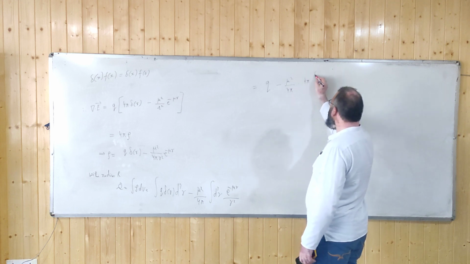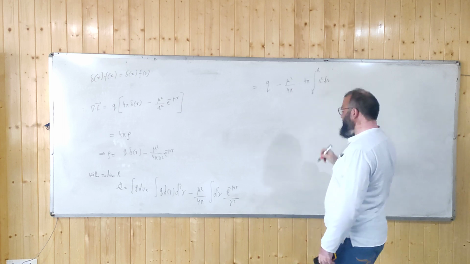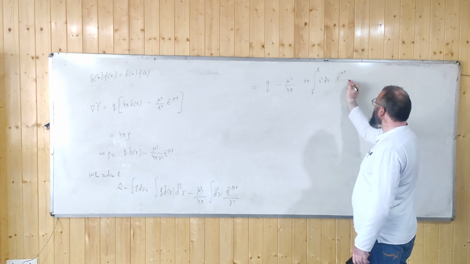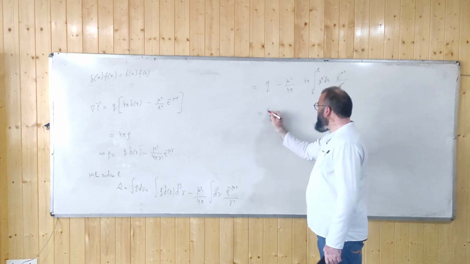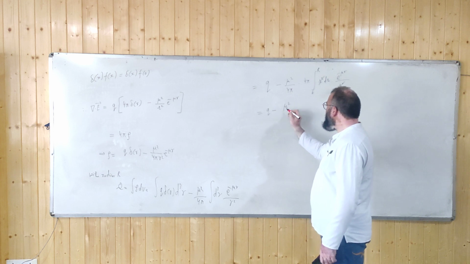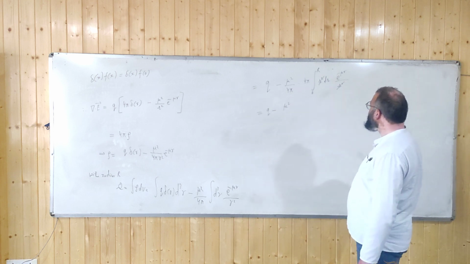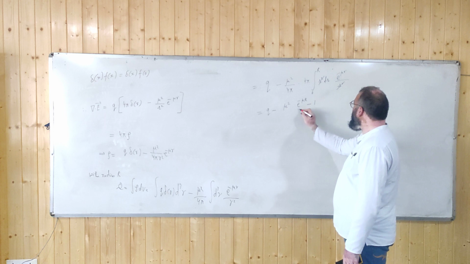So it is 4 pi, 0 to r square dr. Then you are having e raised power minus mu r by r square. So this r square cancels. So how much is that? Q minus mu square. So what is the integration of this very thing? It is exponential, so e raised power minus mu r minus 1 divided by minus 1.